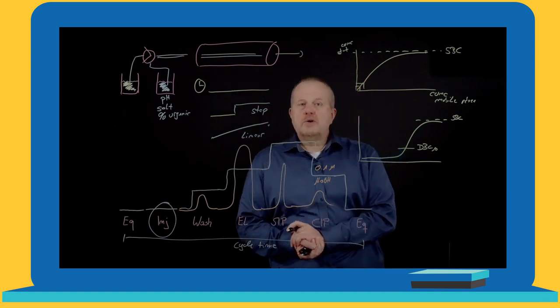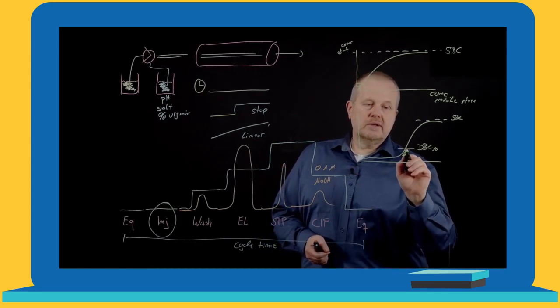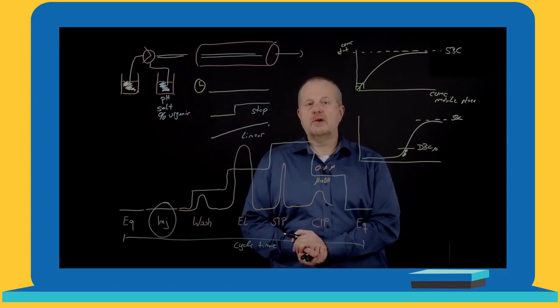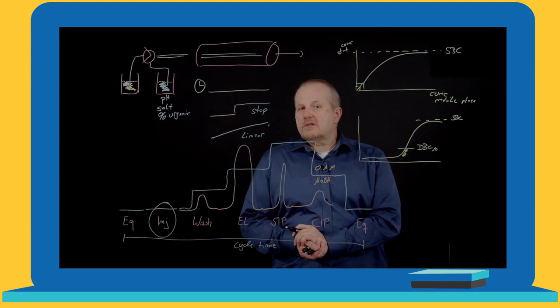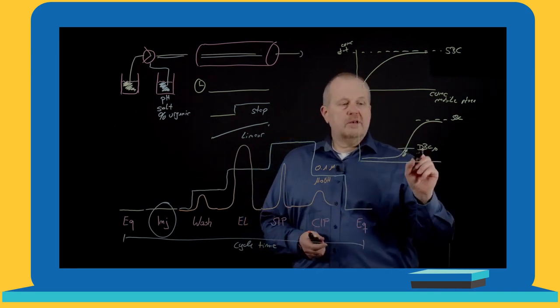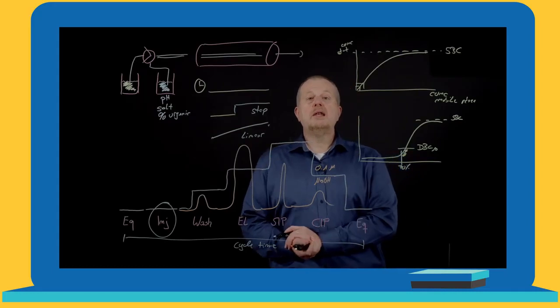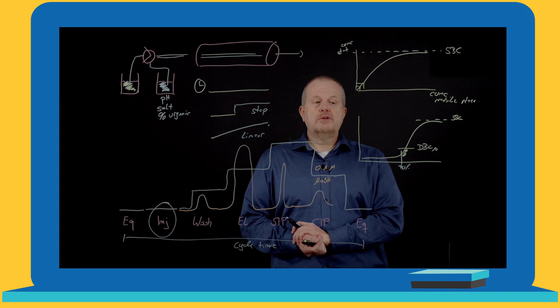And because we don't want to lose this material, which is leaving the column unretained and which we cannot collect in high purity, we have a certain safety margin, so we don't use the DBC10, but we use, let's say, only 70% of the DBC10. And now you know how much you can inject in your system.